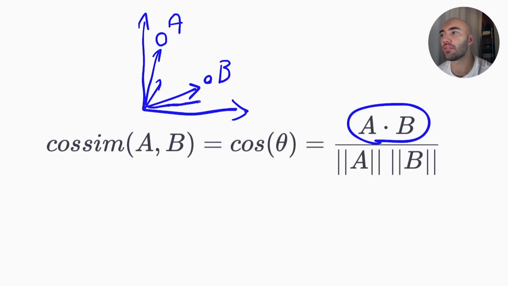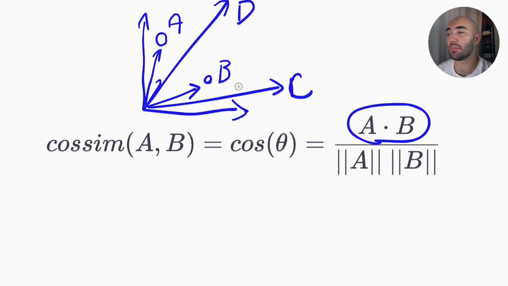If we had one over here, we'll call this one C and this one D. To me, it seems like B and C are probably more similar than C and D, but because D and C have a greater magnitude, the dot product, which considers both angle and magnitude, is going to produce a higher score.